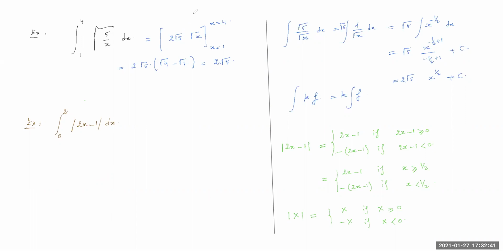So we have an interval here, and we have the value 1 over 2. So we have the formula 2x minus 1 on one side, and on the other side you have the opposite.